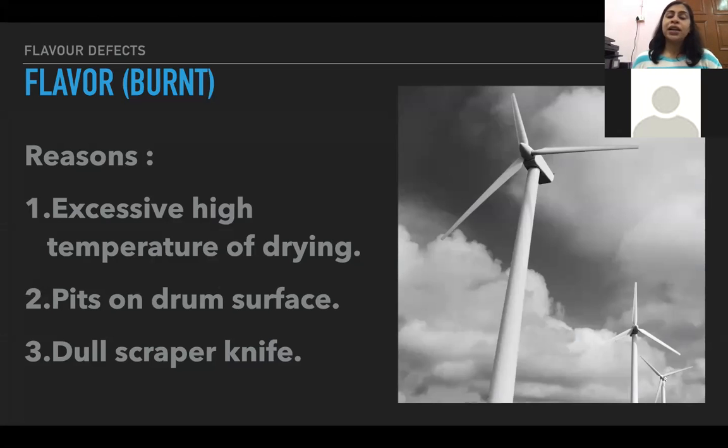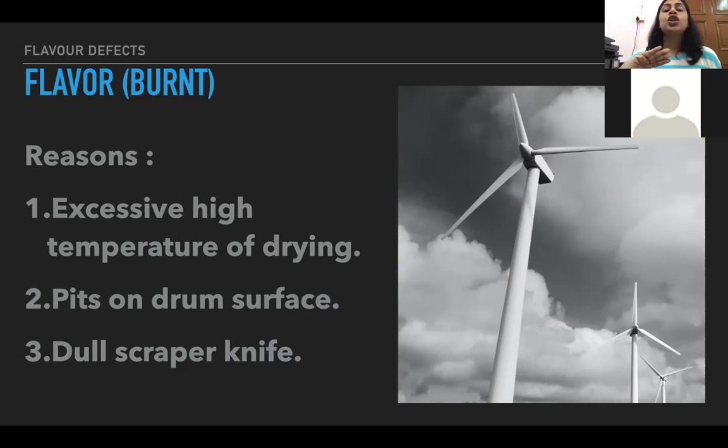One is excessive high temperature of drying, so the temperature of the drum is too hot. Second is pits on the surface, so the drum surface is not smooth. There are pits, as a result the milk remains inside those pits for a longer period of time and burns.